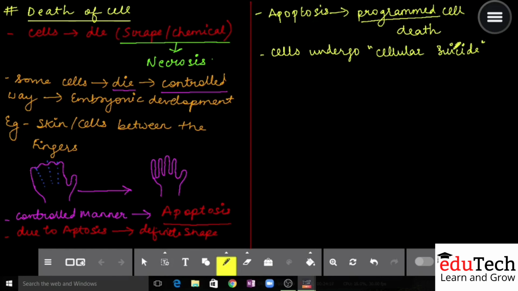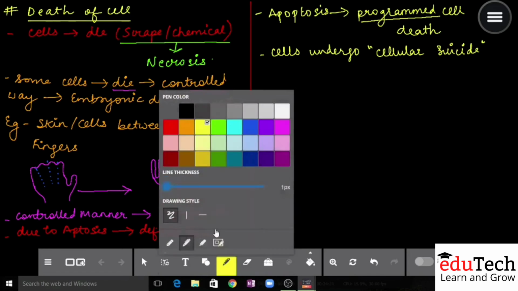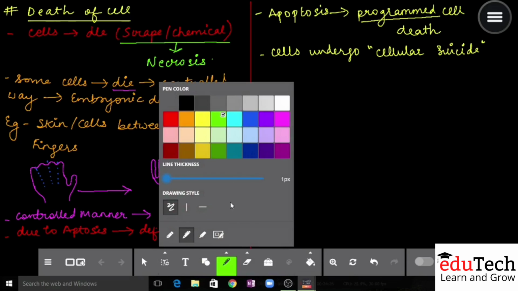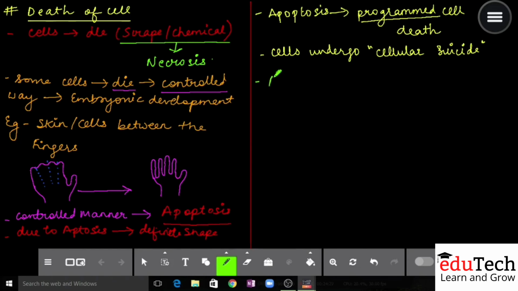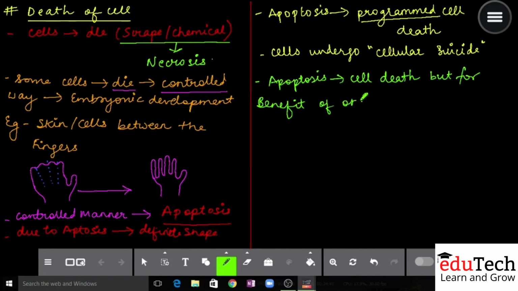Yes, this is controlled. Now as far as apoptosis is concerned, listen to this: it involves cell death. We have to agree this involves cell death, but for the benefit of the organism as a whole.